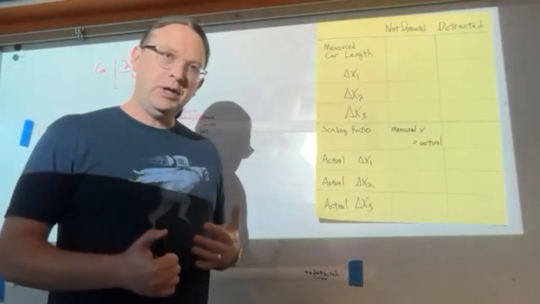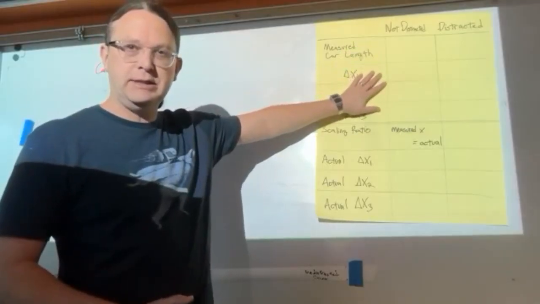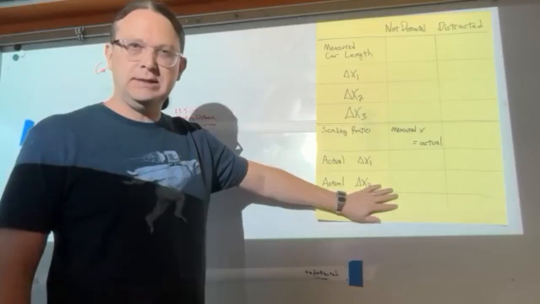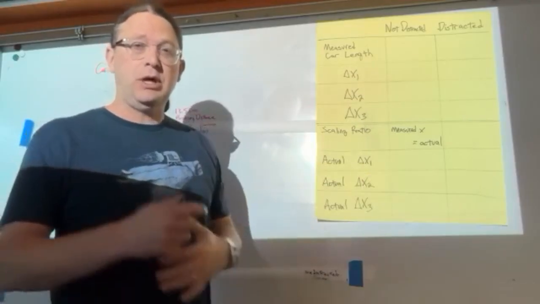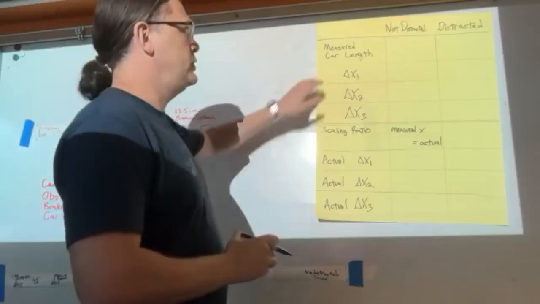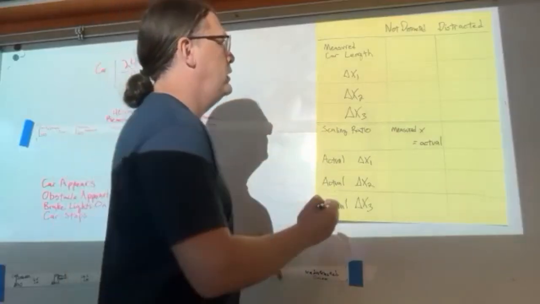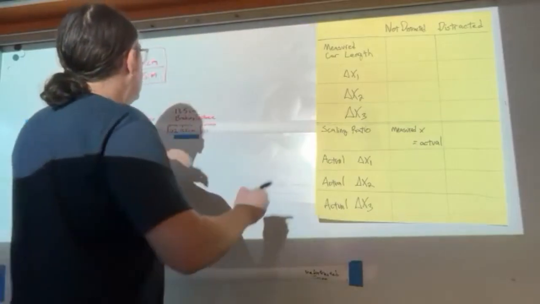So you should be keeping track of these measured distances and scaled distances on your handout. I'm going to create this poster to help us keep track of it all together as a class. So when we measured the car in the video, it was 24.5 centimeters.